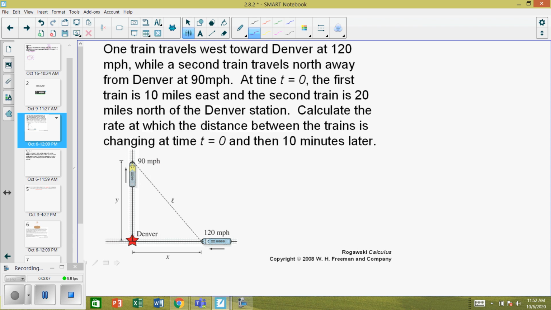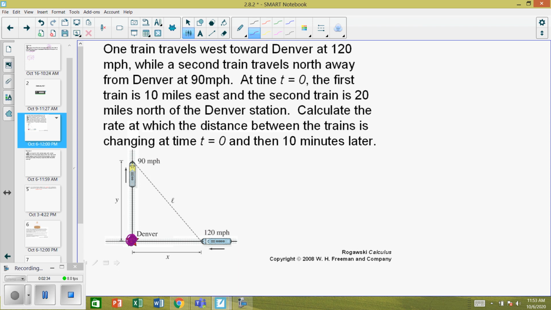It says one train travels west towards Denver at 120 miles per hour, while a second train travels north away from Denver at 90 miles per hour. Thankfully that has already been drawn for us. So here's my central location, Denver, right here at the axis. It looks like one train is approaching Denver and one train is going away from Denver.